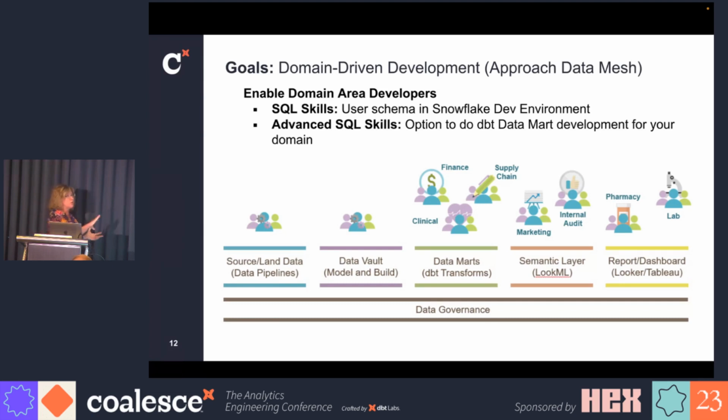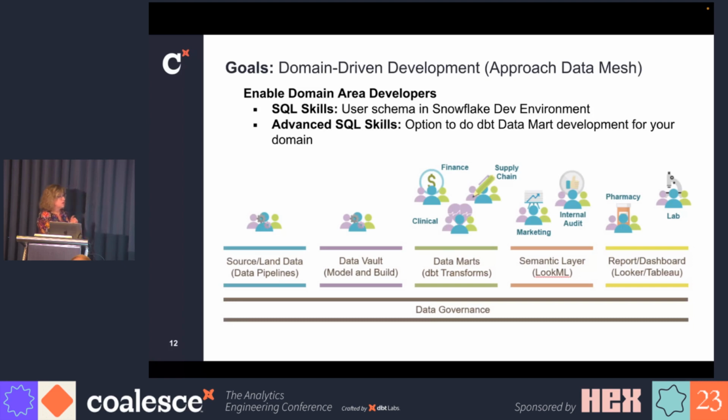They're able to move further back along the stack. And then you've got those folks that are pretty darn sophisticated. We're talking like our clinical effectiveness team, supply chain and finance, that are working towards that ability to do their own DBT development, creating their own data products, and making those available for the organization.